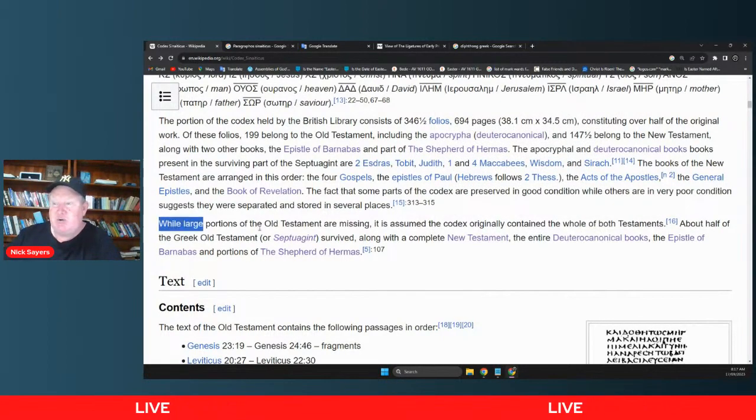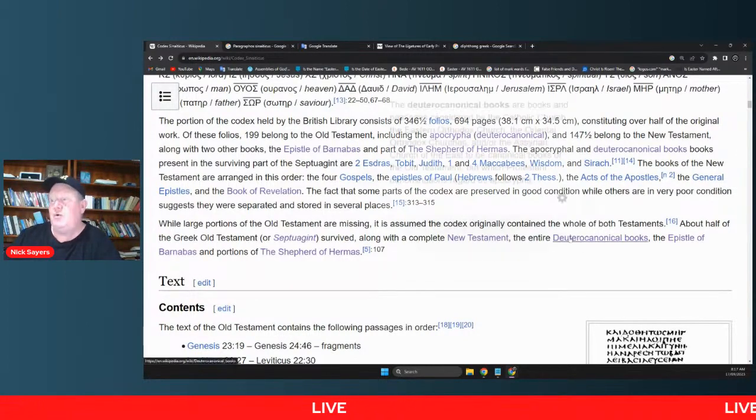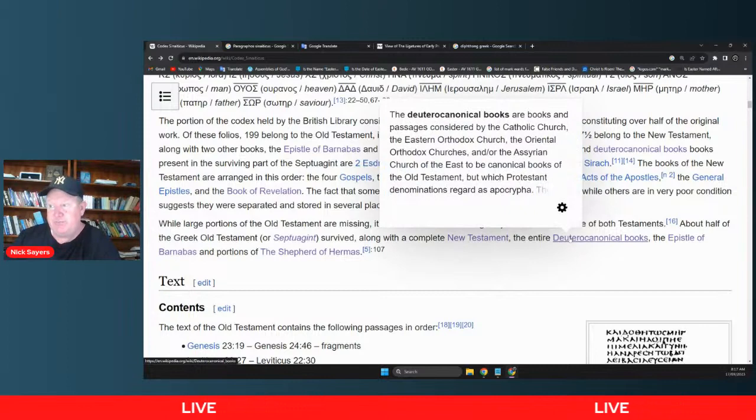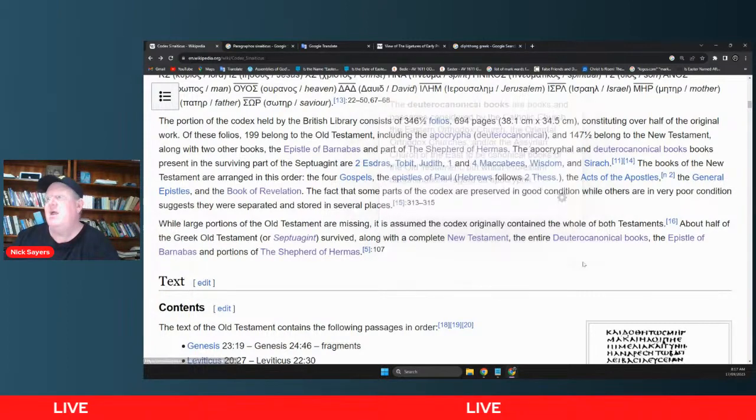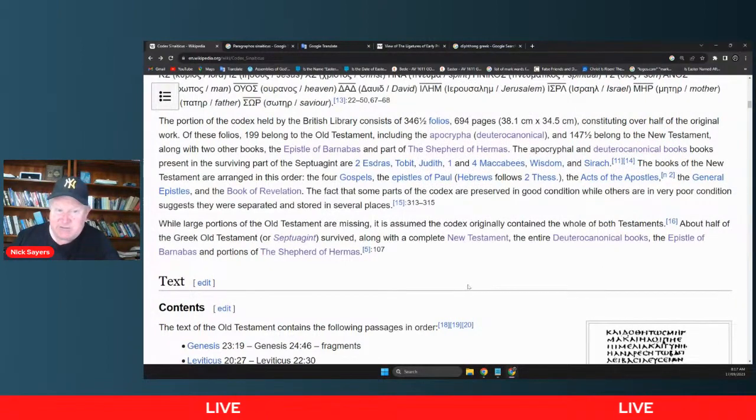So let me just describe this in a nutshell. Okay, so it's assumed that it had the New and the Old Testament. Okay, it's assumed that it had all the Deuterocanonical books. Okay, so the Apocrypha, and also had the Epistle of Barnabas and the Shepherd of Hermas attached to it as well.